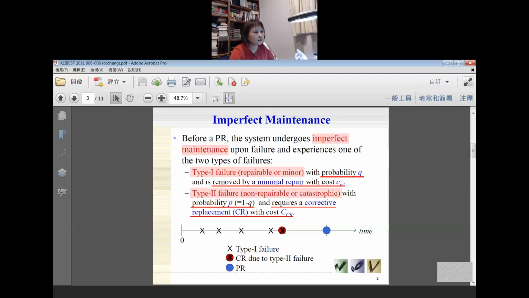Type 2 failure, which is non-repairable or catastrophic, with probability p, and requires a corrective replacement CR with a cost CCR. Please refer to these figures.